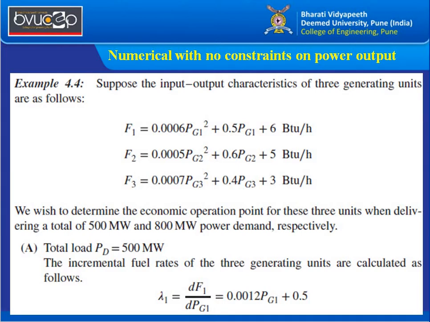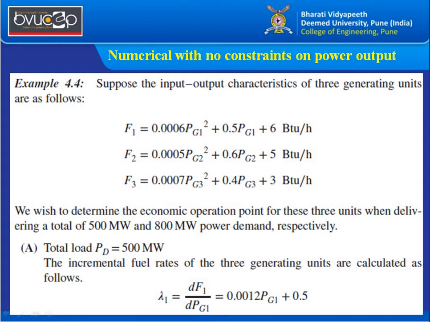Now here, as compared to the previous two numericals that we have considered till now in this lecture, let us do something different. Instead of one demand, we have to satisfy two demands. Let us consider three units delivering a total of 500 megawatt and 800 megawatt demand respectively.